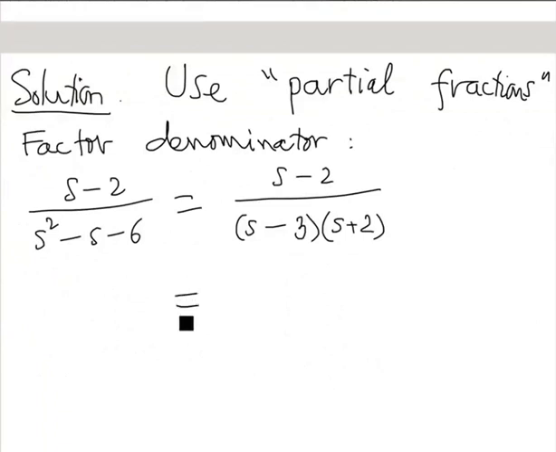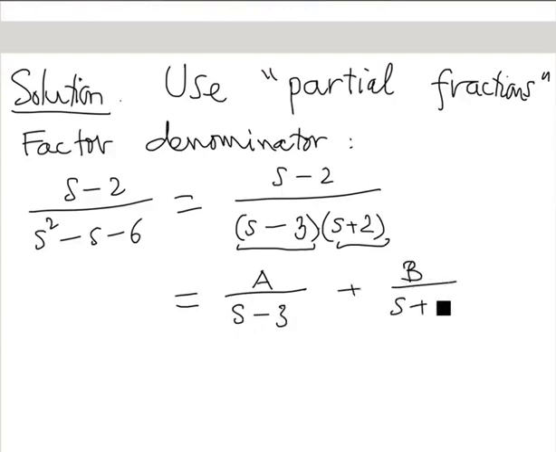Now, partial fractions means that in the denominator we have two factors, s minus 3 and s plus 2. So recall from college algebra, we have the partial fraction a divided by s minus 3 plus b divided by s plus 2. And we need to determine a and b.